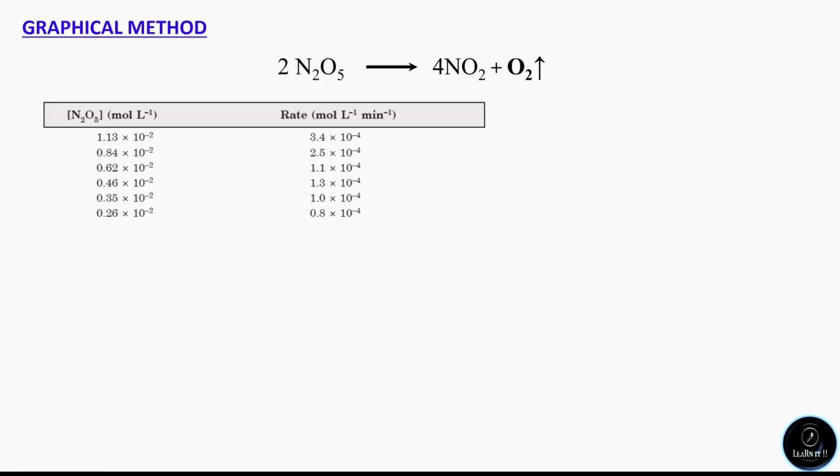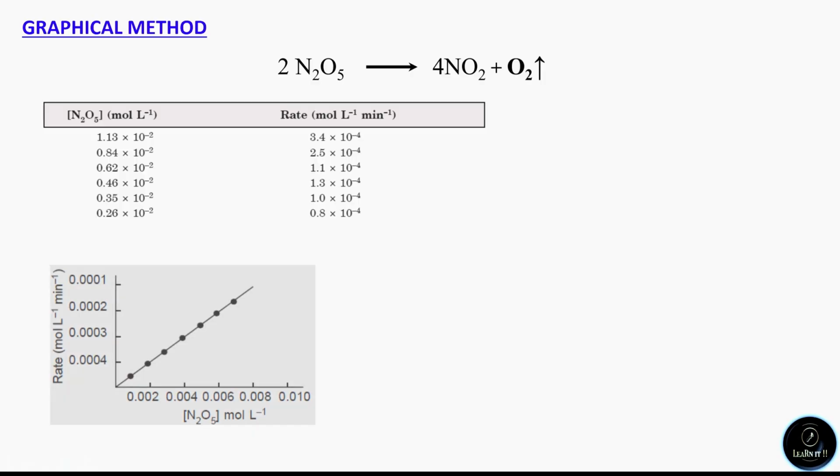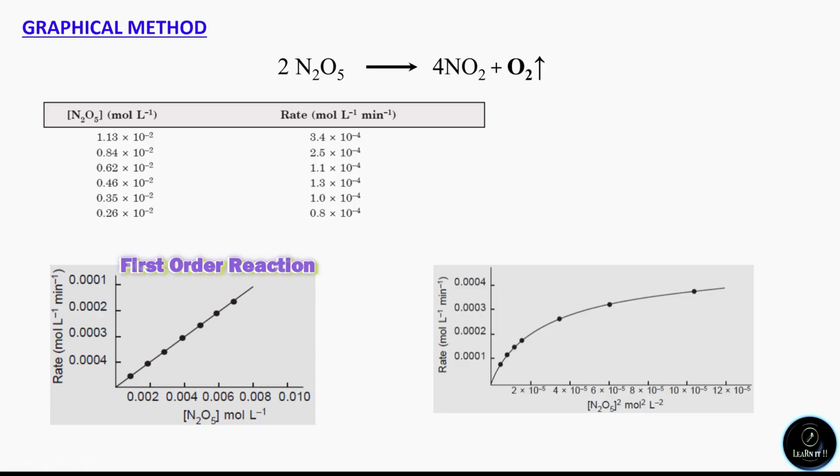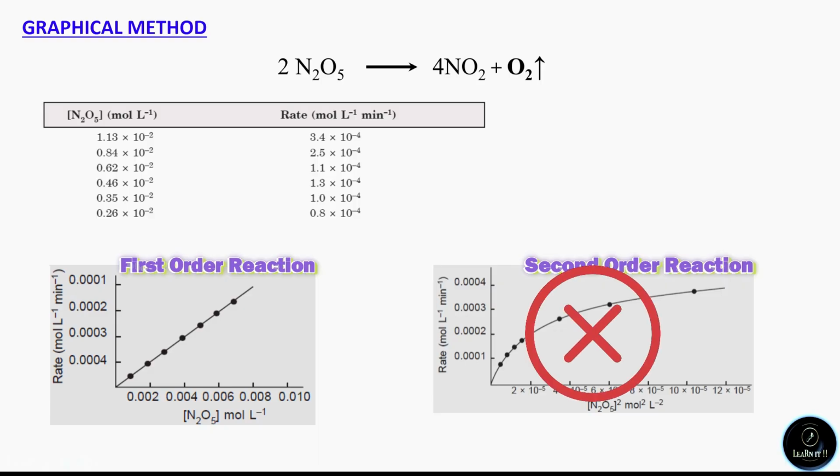When we plot a graph of rate versus concentration of the reactant, that is concentration of dinitrogen pentoxide, we get a straight line with a certain slope which is passing through the origin. This indicates the reaction is of first order. But when we plot a graph of rate versus square of the concentration, we get a curve. This indicates this reaction is not second order.